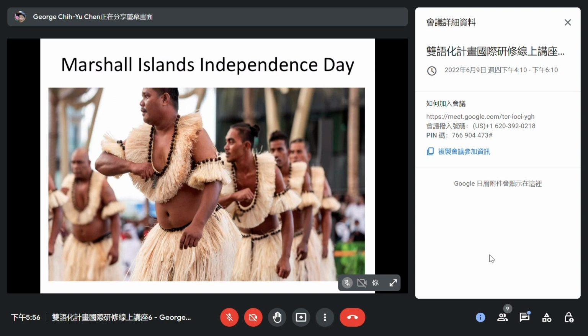And on this slide, we see Marshall Islands Independence Day. Marshall Island Independence Day is on May 1st. And on this day, local people celebrate with their local outfits made out of coconut-related fiber.